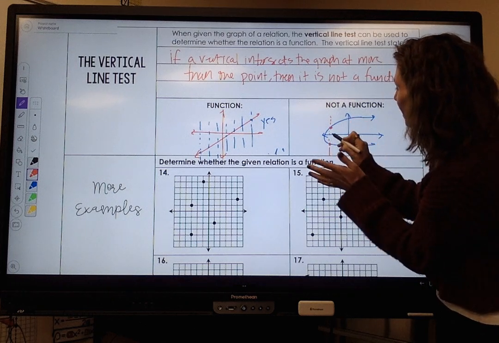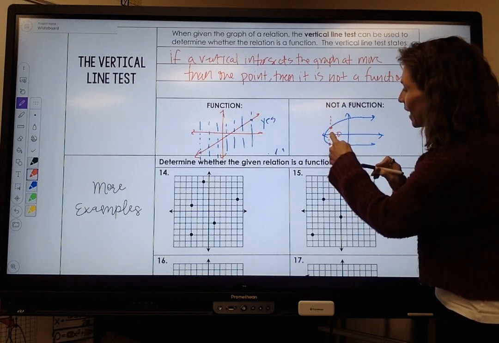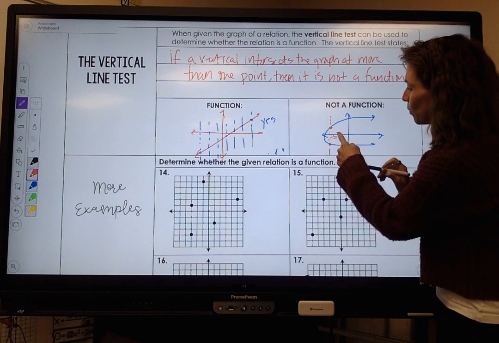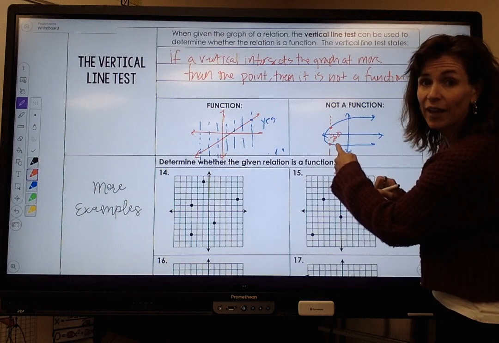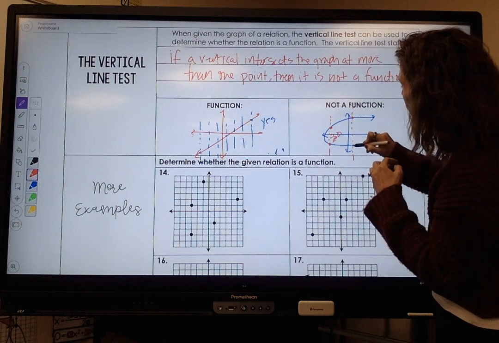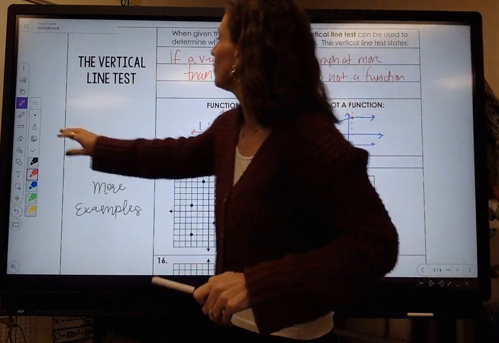That means that x value, let's pretend it's (-5, 2), that x value is going to repeat because this point would be (-5, 2), and maybe this point would be (-5, 2), giving me that repeating x value. So if this vertical line intersects the graph at more than one place, not a function, okay?